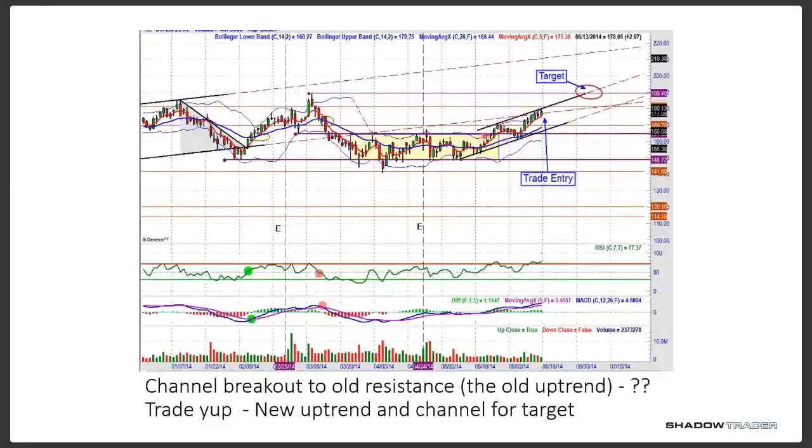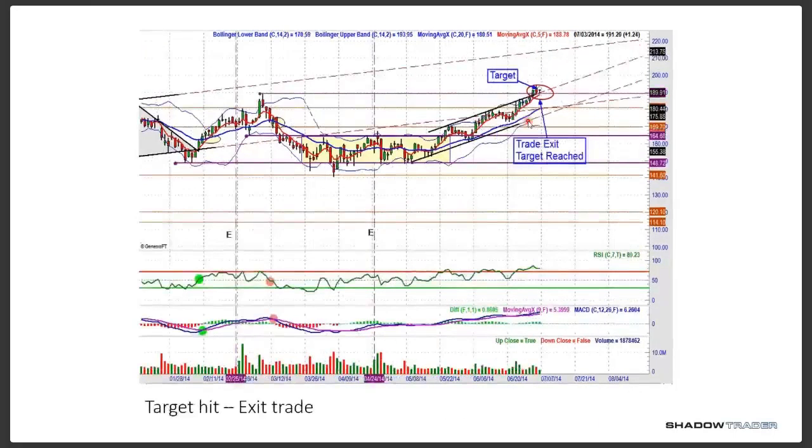It broke out. It broke out to the upside, tested it, and then broke out a second time. Second breakout is now a buy point, trade entry. Continues on. Trade goes to all-time highs. Or post-earnings high, I should say. That's our target. Hits our target. We exit the trade.